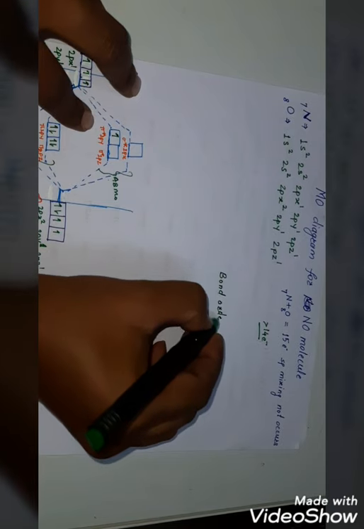Now let's calculate the bond order. We have the formula: number of electrons in bonding molecular orbitals minus number of electrons in anti-bonding molecular orbitals, divided by 2.